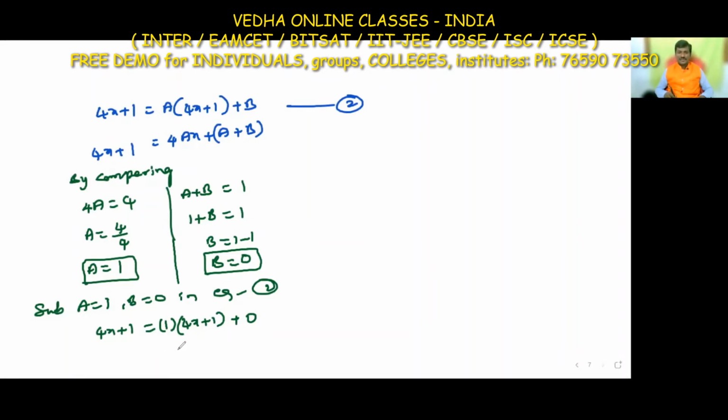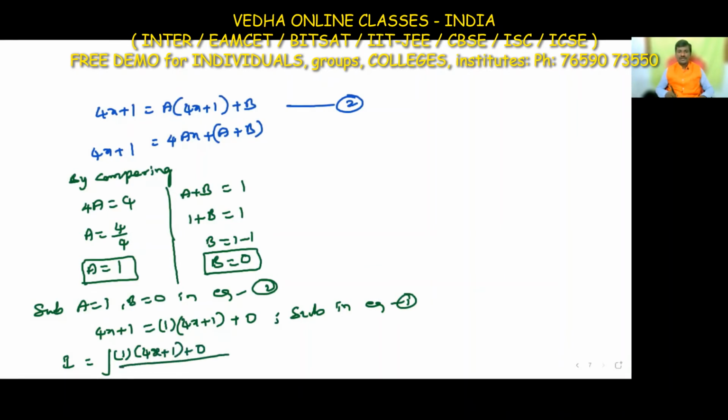Now write this in the question again, substituting in equation 1. Then I is the integral of the numerator 4x + 1, which we can write as 1 · (4x + 1) + 0, divided by 2x² + x − 3. Actually we might get other terms in this form, but fortunately we got the same function in the numerator.